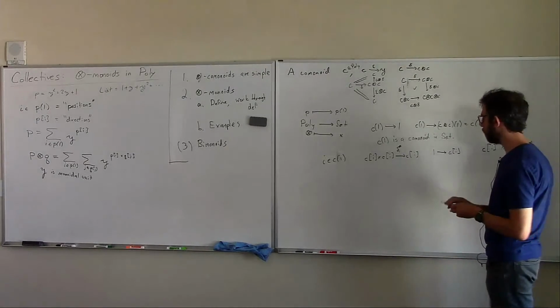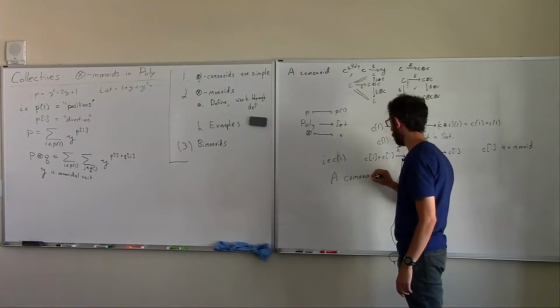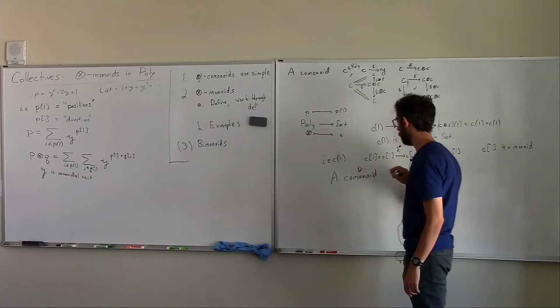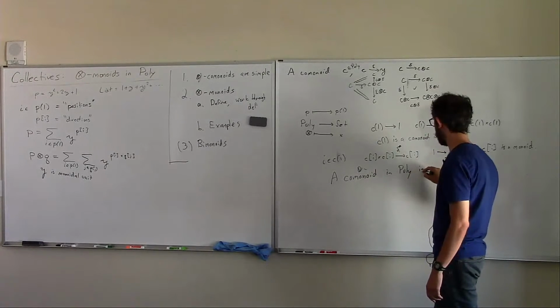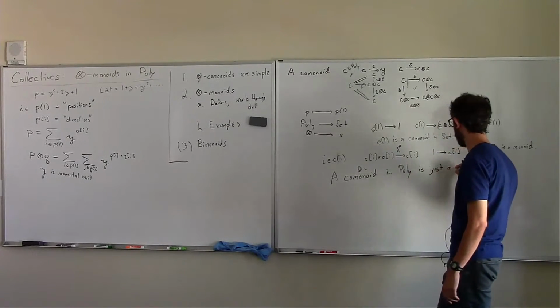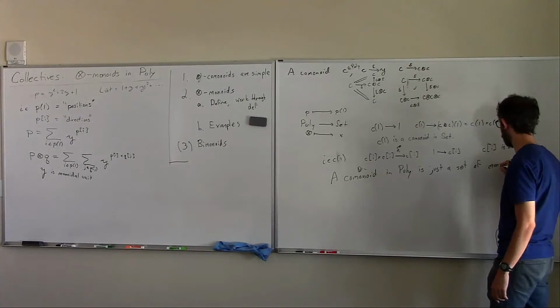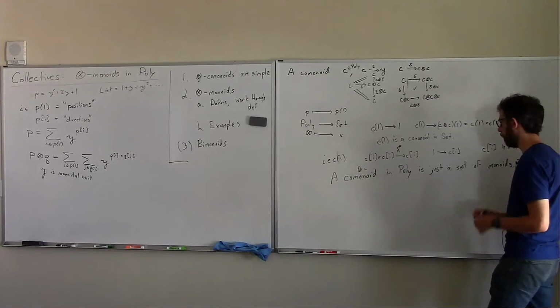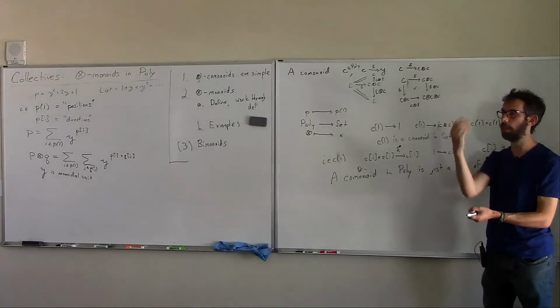So the upshot is that a tensor comonoid in poly is just a set of monoids. So it's just like this set of positions, and at every position you have a monoid sitting there.